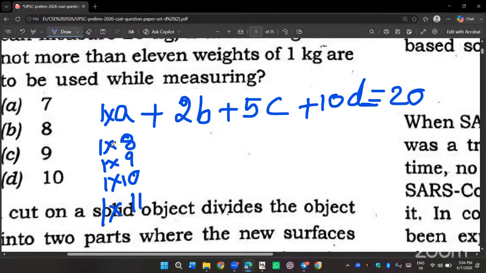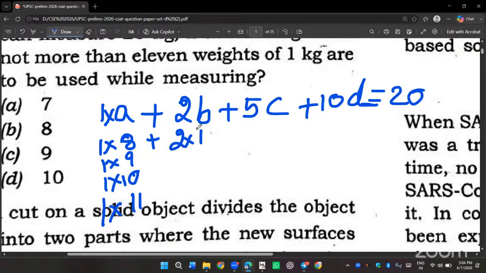Okay. So after that, you can fill here whatever you want, as we did, to get 20 kg here. So for that, I add 2 kg weight 1. Why 2 kg weight 1?